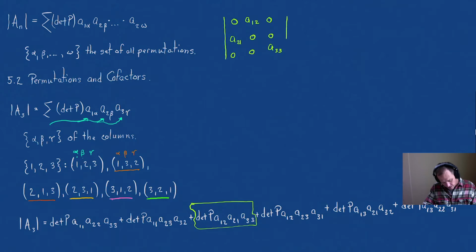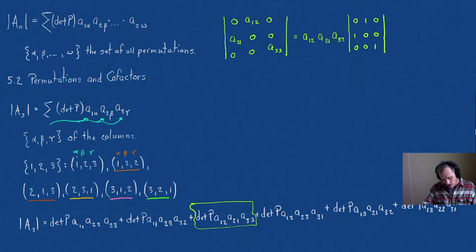And what it's saying then is that if you were to factor out each one of these components, what you'd be left with is A12 times A21 times A33. But then you'd be left with the determinant of 0, 1, 0, 1, 0, 0, 0, 0, 1.